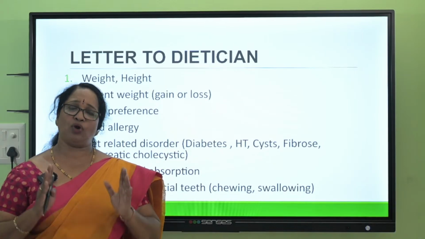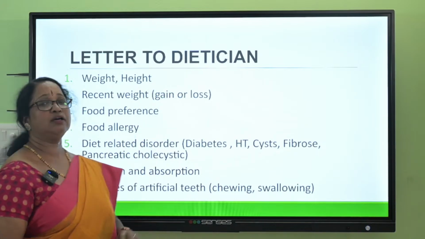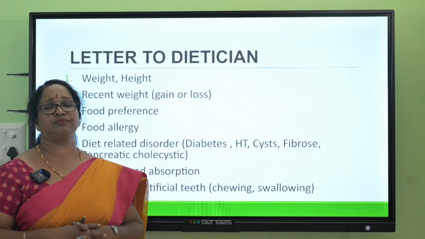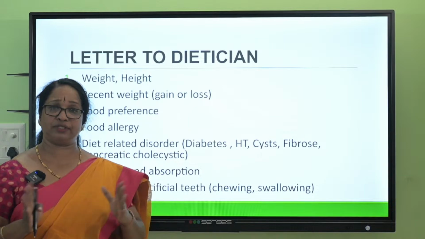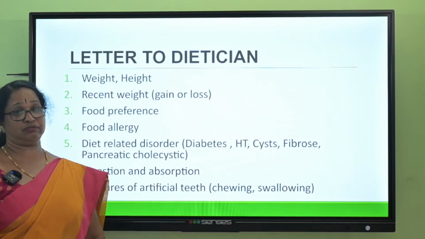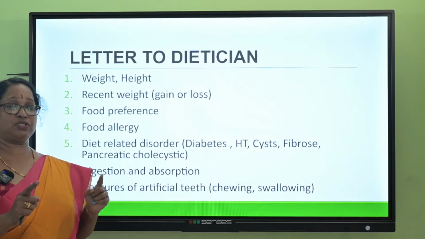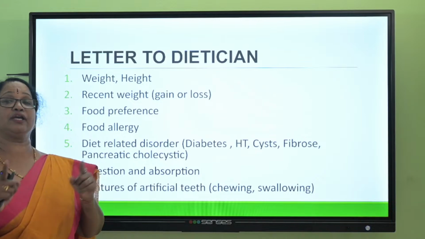Whenever you are getting a letter to a dietitian, what do you have to note? We know what a dietitian needs. They want to know the weight and height of the patient, and the recent weight of the patient, that is weight gain or weight loss.